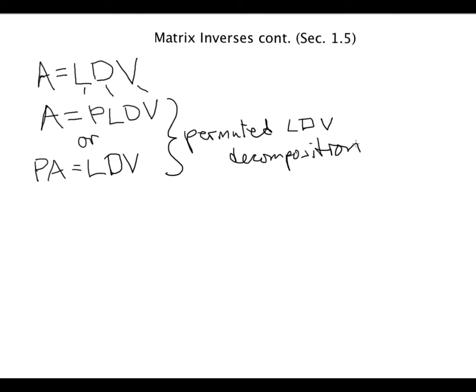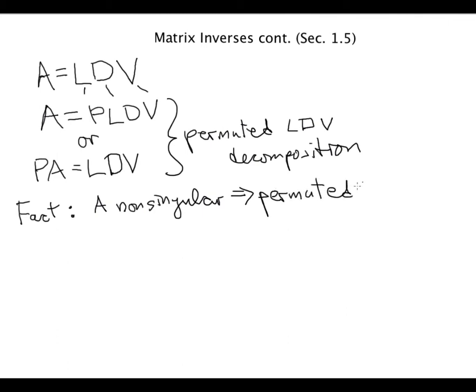And what matrices have such a decomposition? So it's a basic fact that if A is non-singular, that implies it has a permuted PLDV decomposition.